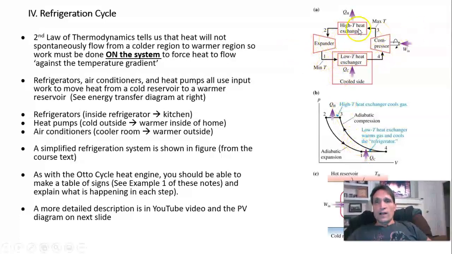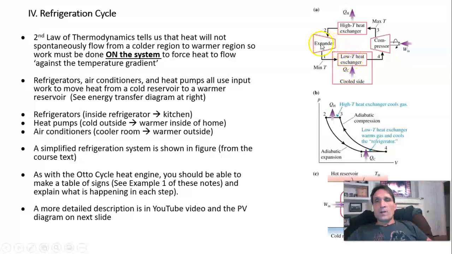What we have right here is a liquid, sorry, that's at a cool temperature, coming in from the evaporator. And in order for heat to be transferred from the inside of the refrigerator to the coolant, the temperature of the refrigerant has to be lower than the temperature inside the refrigerator, because that's the only way heat is going to flow in that direction.